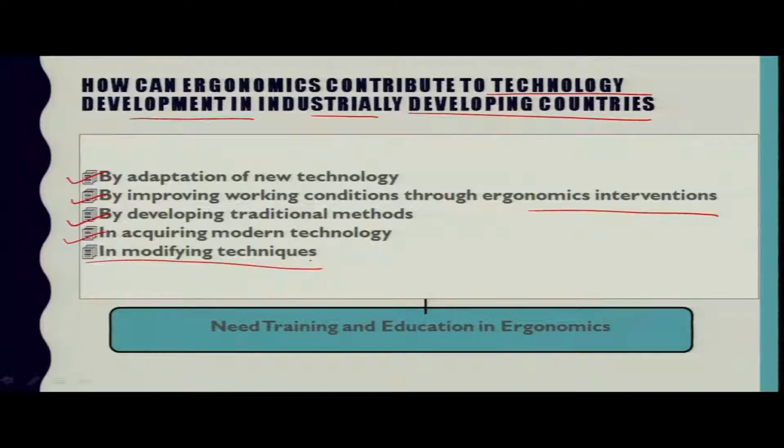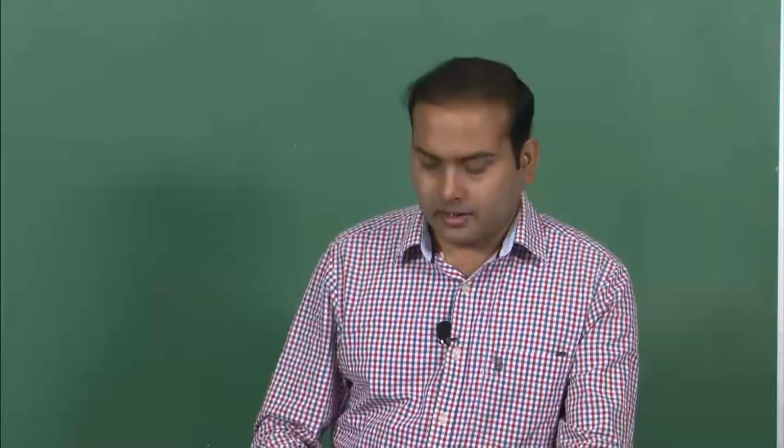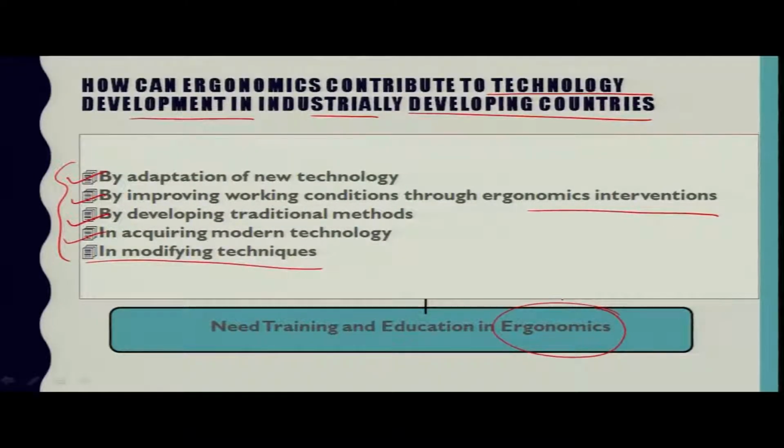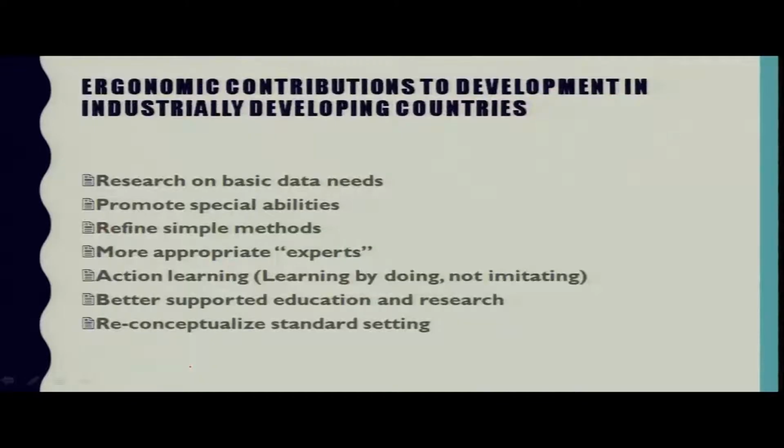So all these factors need training and education in ergonomics so that they could experience the existing situations, and based on their experience and knowledge they could contribute towards ergonomics.